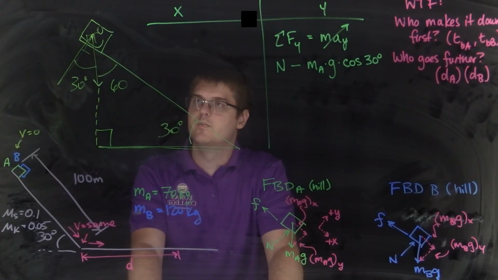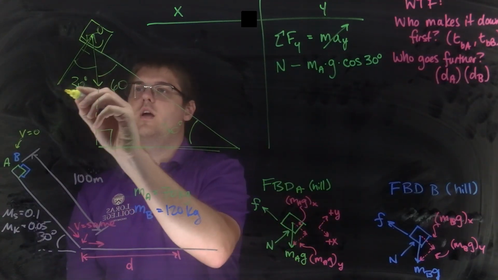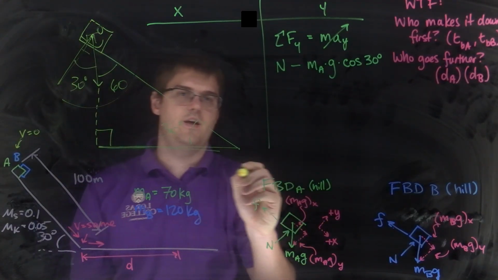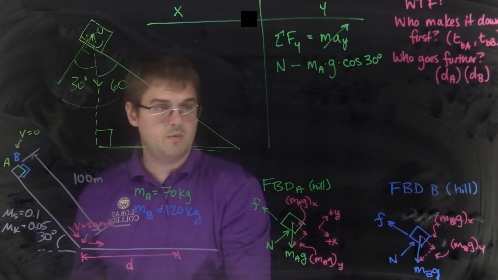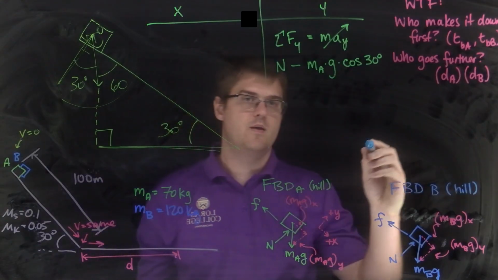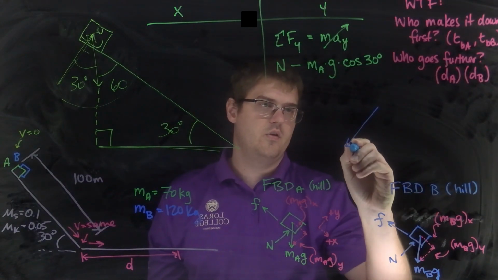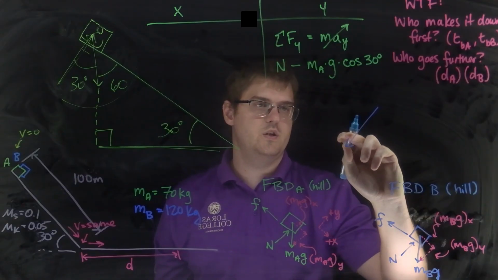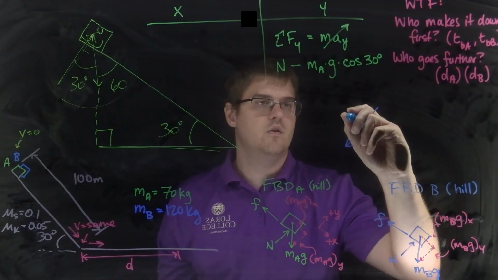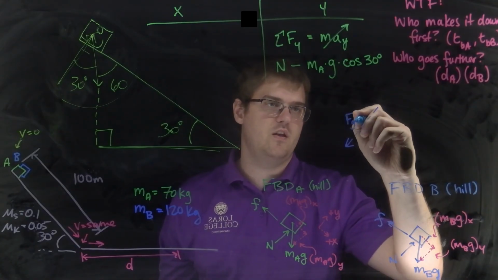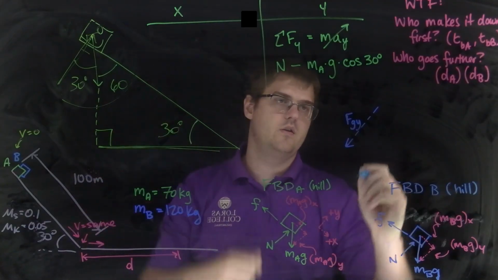So if that's 30, I'm going to go ahead and draw a zoomed in portion of this. And we're going to switch pens and see if that makes my life a little bit better here. I have this portion, which is, I'm going to dash line, this is the force gravity in our y-axis, because we said y is this way.